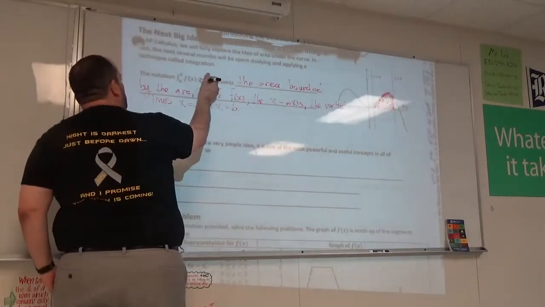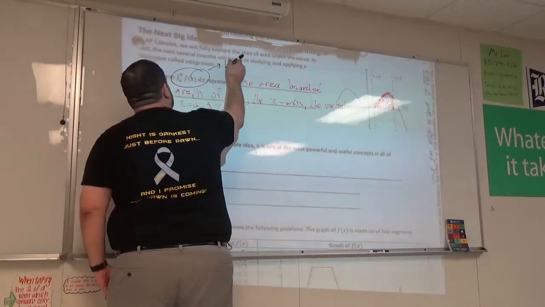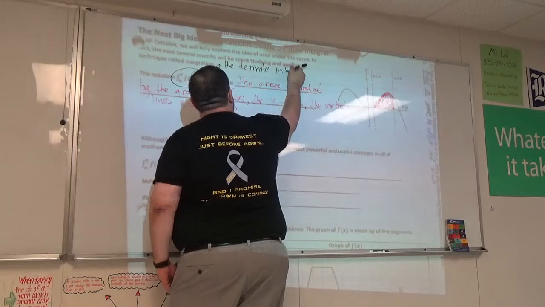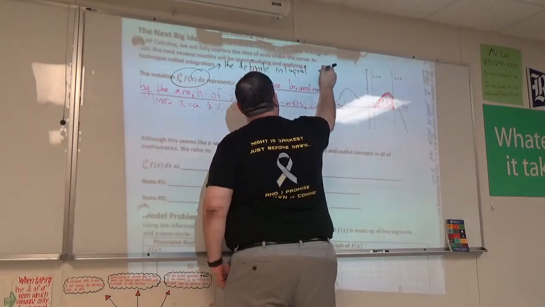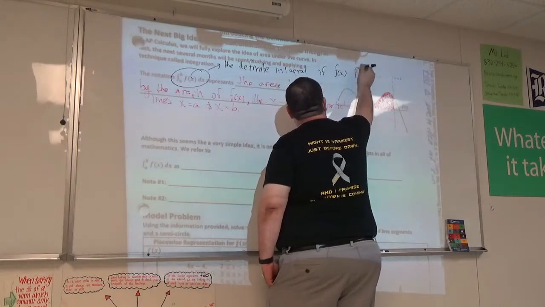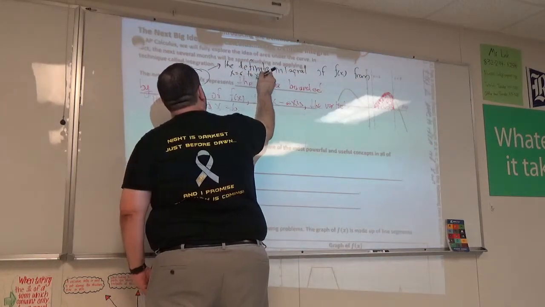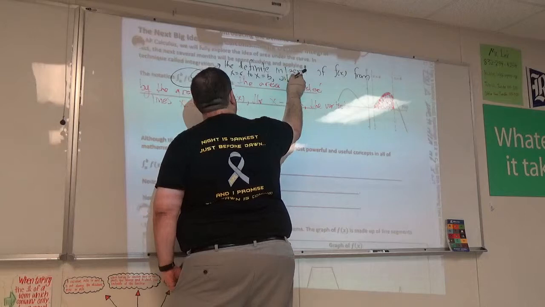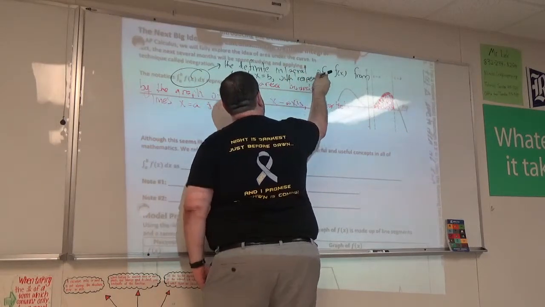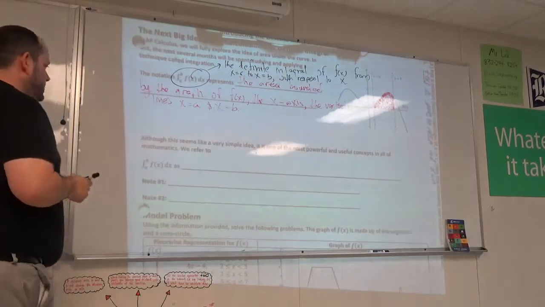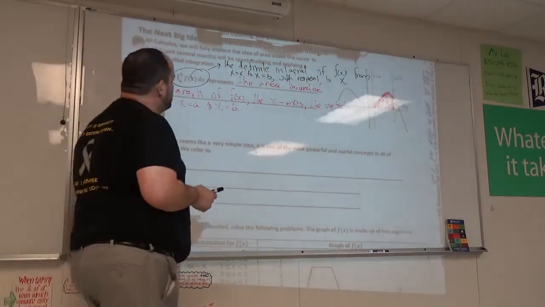The way that we're going to read this is the definite integral of f of x from x equals a to x equals b with respect to x. Oh, I think I was supposed to put that down here. Bummer.